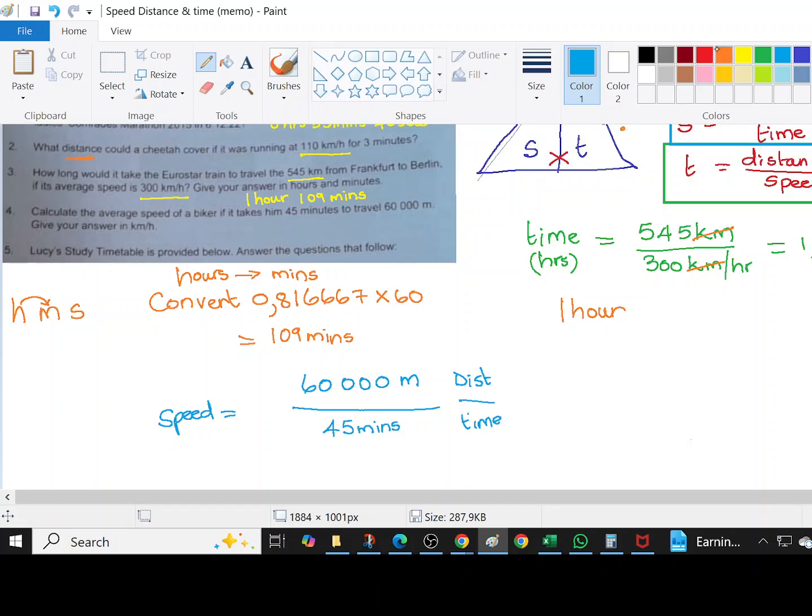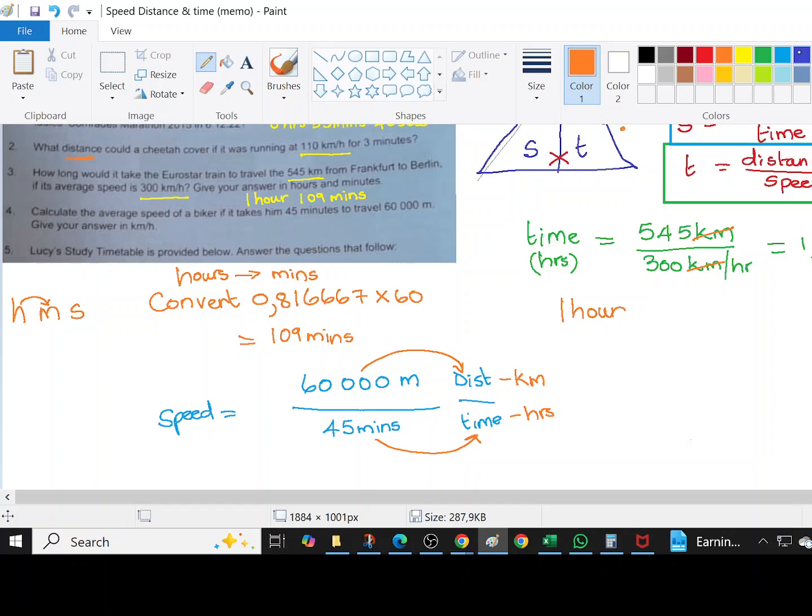But we know that distance is measured in kilometers. So we must convert meters to kilometers first. And time is measured in hours. So we must convert 45 minutes to hours. You see that? Yes, Miss. Cool.